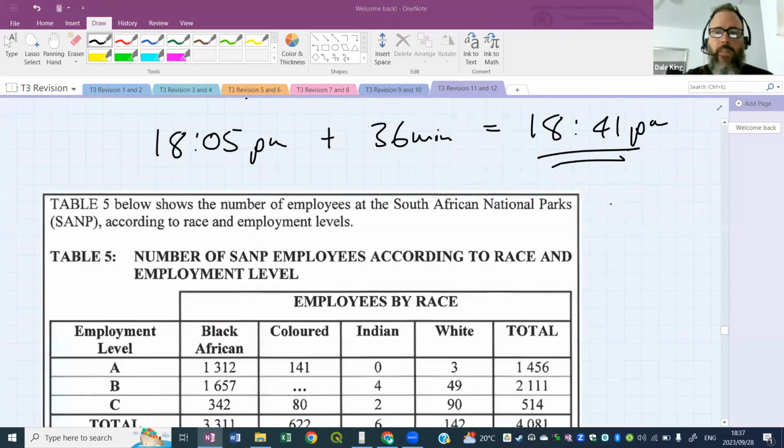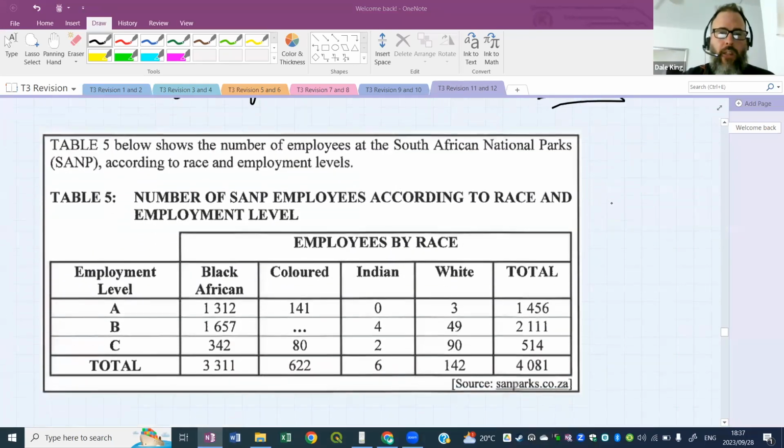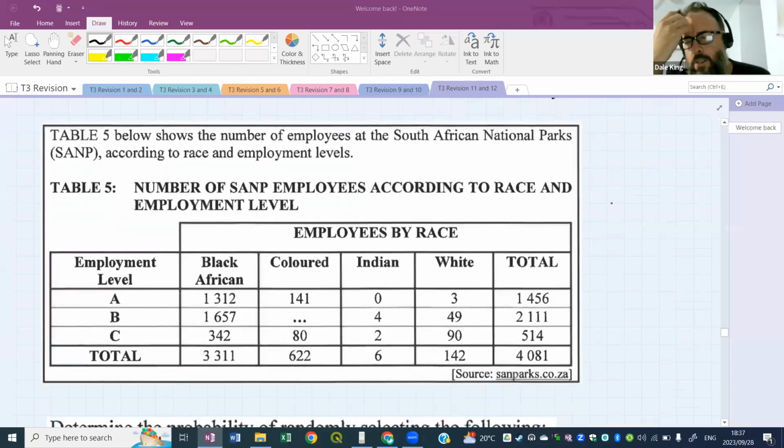Here we go. Now, matrix, when you do the final papers, you will hardly ever see an individual question based on a probability scenario. Probability is part of the curriculum, but they hardly ever give you a single question that is only probability.